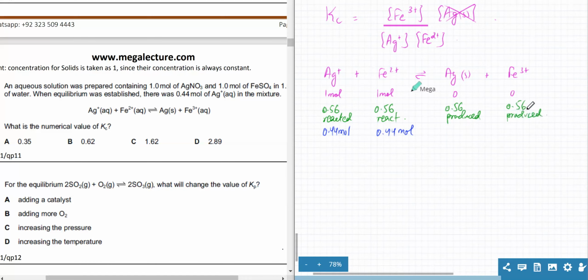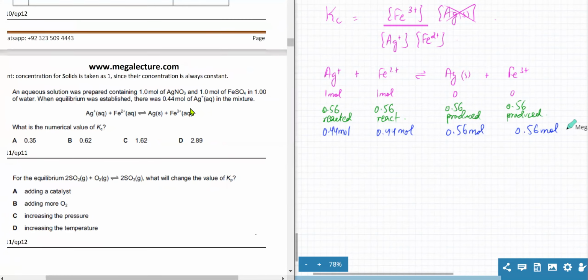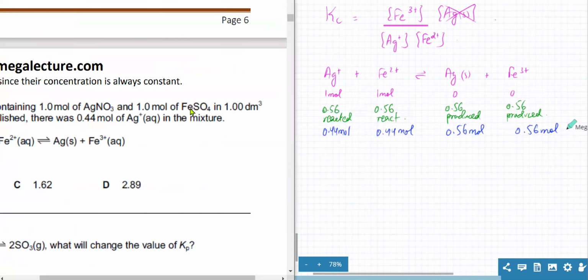So that means the amount of moles, because you started off with 0 moles, is 0.56 moles, and this is also 0.56 moles. The other thing you have to be careful about is that the equilibrium expression doesn't take moles. It has to be concentration. In this question, they had given you that it was a 1 dm cube container, which is mentioned over here.